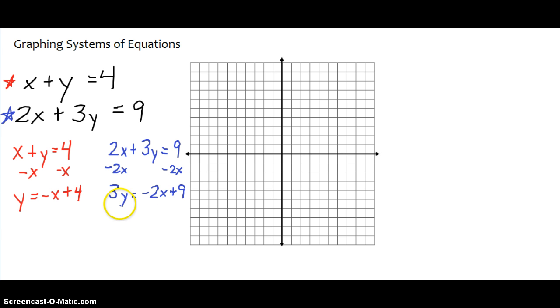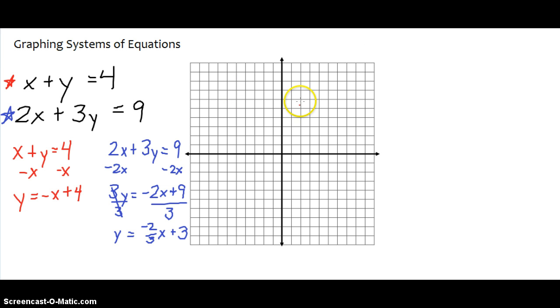Now to get this y by itself, we'll divide both sides by 3. And remember, when we divide two terms by 3, we have to distribute it. So these are going to cross out. We'll get y equals negative 2/3 x plus 3 for our blue equation.